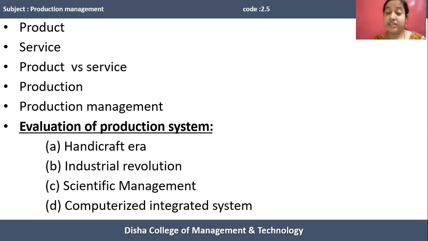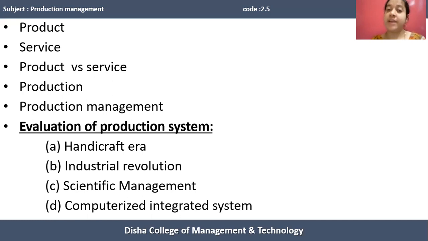Means the developing nations' industrialists identified the three criteria the developed nations follow for getting success, and they also realized that they also have to work on these three criteria for getting success or for survival. These three criteria are productivity, efficiency, and profitability.